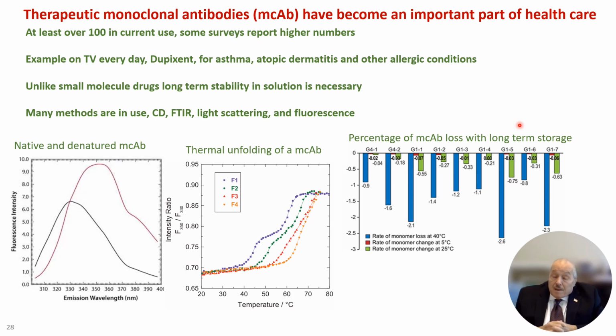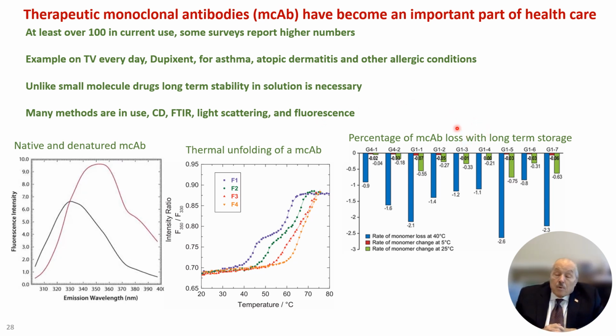And these are being reported in high structures. Latest account over 100 in use. Dupixent is probably the most advertised one, used for asthma and dermatitis and other allergic conditions. And what it does, it turns off the eosinophils, which are partially responsible for the allergic response.